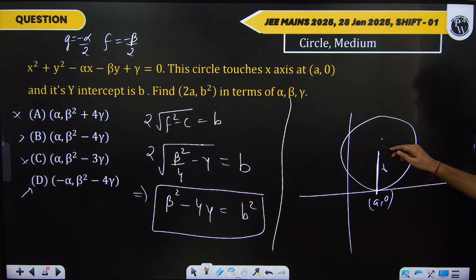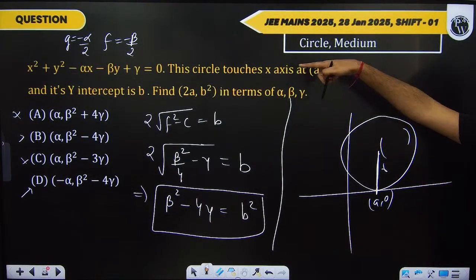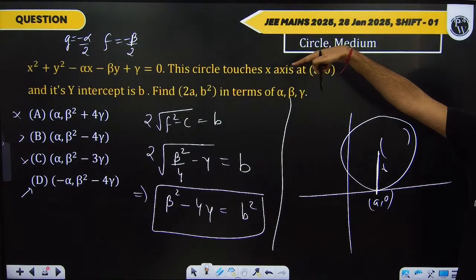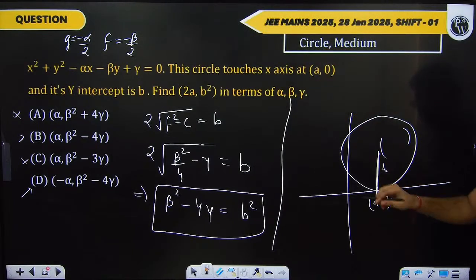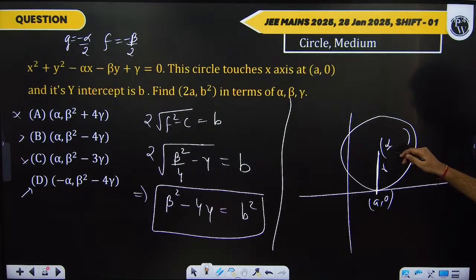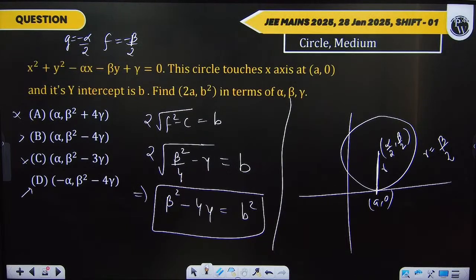And what is the coordinate of this point? Since g is minus alpha by 2, f is minus beta by 2, I can say that coordinate of this point will be alpha by 2 comma beta by 2, which is your center. So this distance r will be nothing but beta by 2. So this distance is coming out as beta by 2.